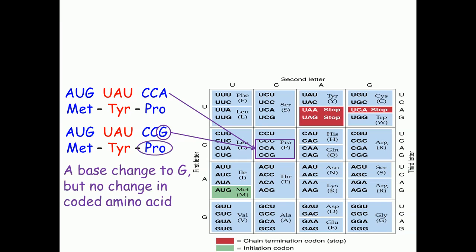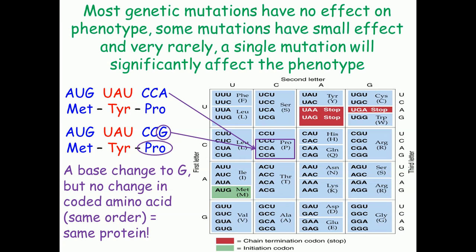So that means that there was no change in the coded amino acid, so the order of amino acids is still the same, and this means that the same protein is produced. So here's an example where most genetic mutations actually have no effect on the phenotype. However, some mutations have a small effect, and very rarely does a single mutation have a very big significant effect on the phenotype.